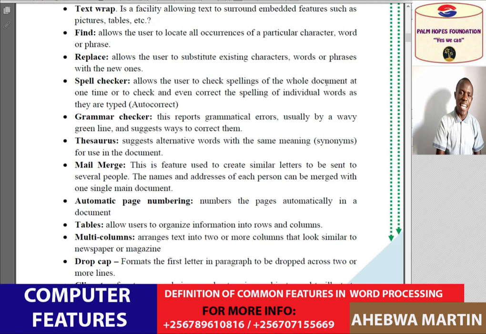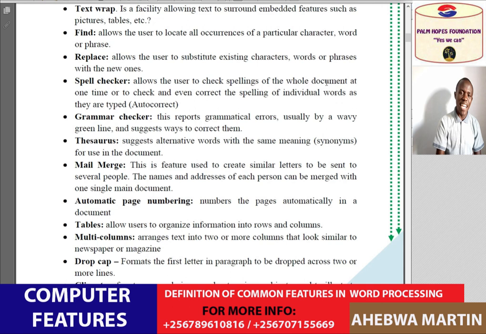Let's say that I'm writing a letter to inform you about this and this and this, and I have about 100 people to inform. So I don't need to type each letter for a single person. I type one letter, then after typing this letter, I use my merge feature to send it to various addresses or to various people using their names and their addresses.